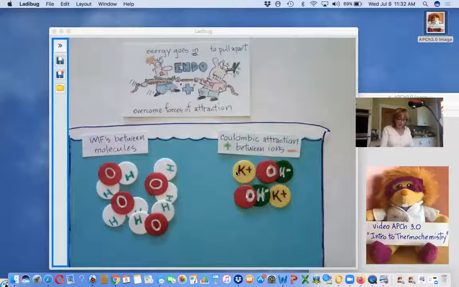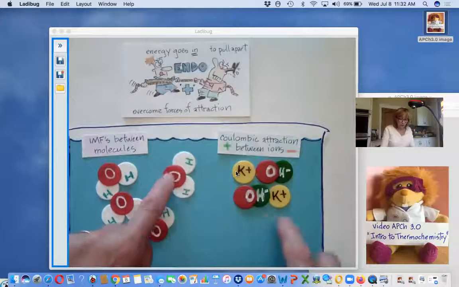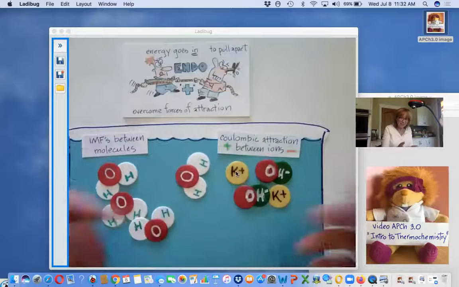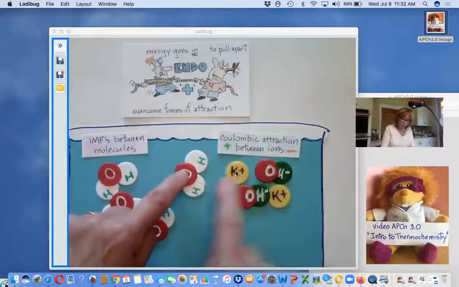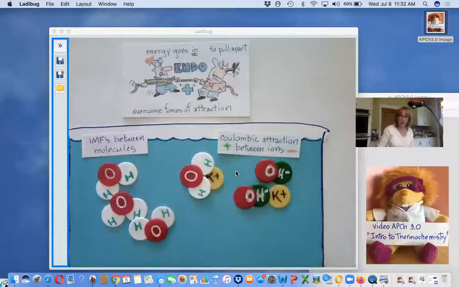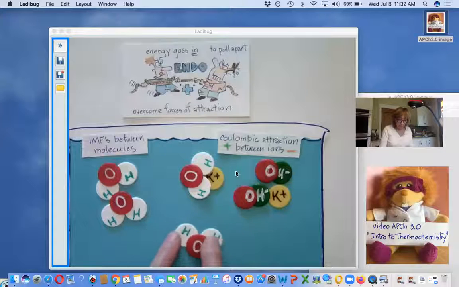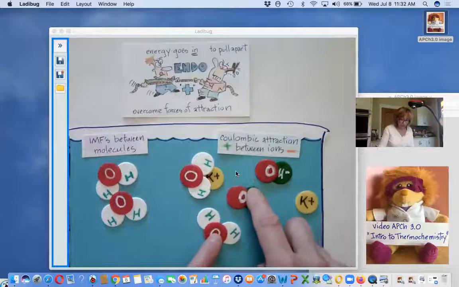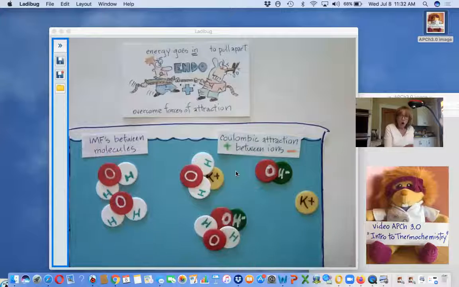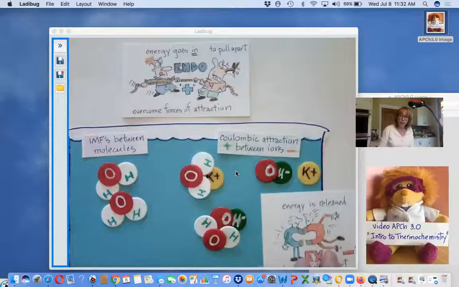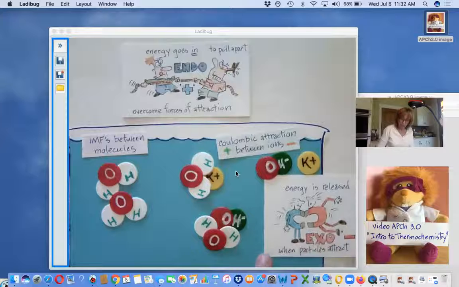Okay, now let's consider the coming together of this little water dipole and the cation. Snap. They attract to each other. Or here comes another water and the anion, snap. Okay, they are drawn to each other. So whenever particles attract each other, energy is released. I want you to think of these two magnets.